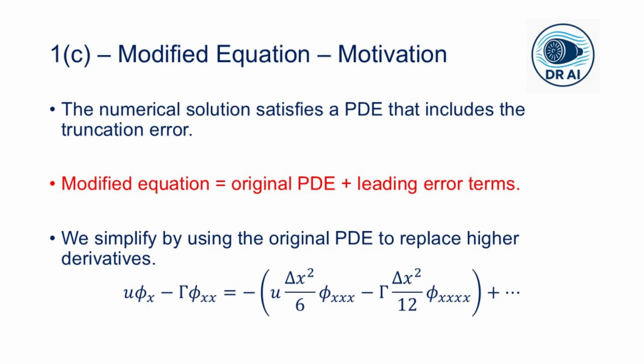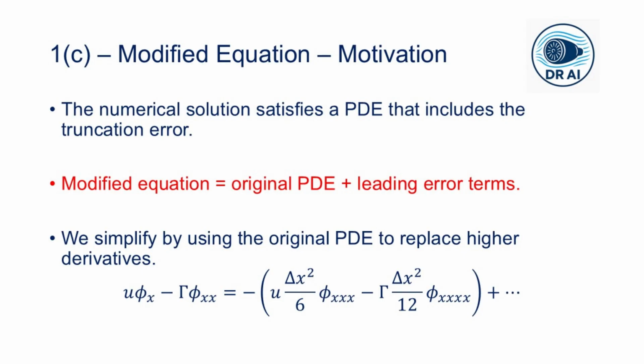Now the right hand side involves the third and fourth derivatives. But we can simplify these using the original PDE to express the higher derivatives in terms of the lower ones. The idea is that the numerical solution will approximately satisfy the original equation.